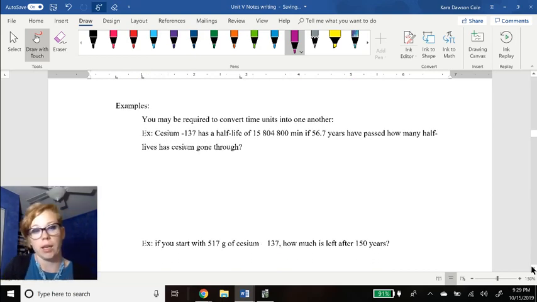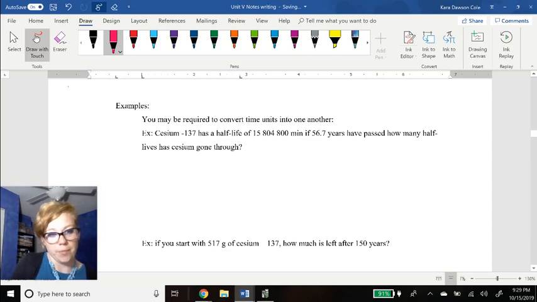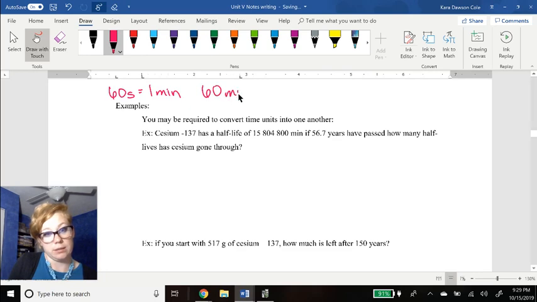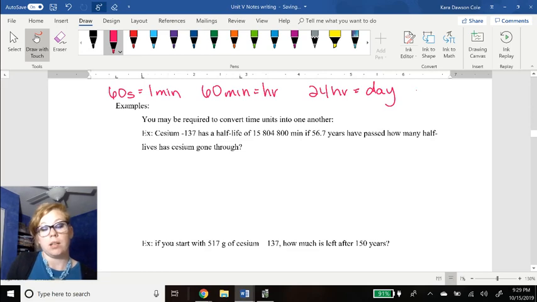So in order to do this, you should know that there's 60 seconds in 1 minute, 60 minutes in an hour, 24 hours in a day, and 365 days in a year.